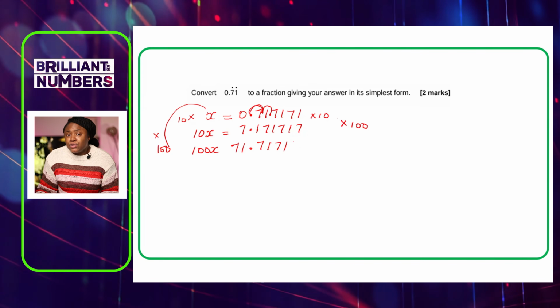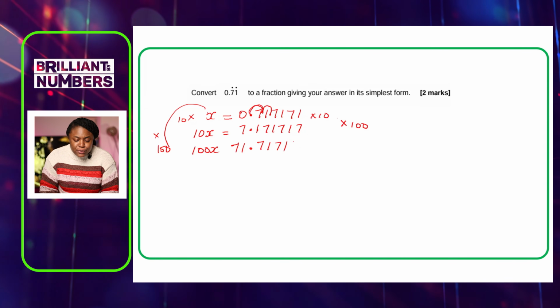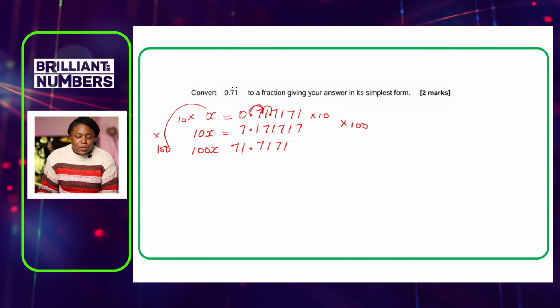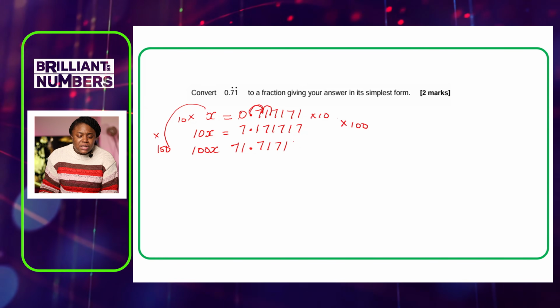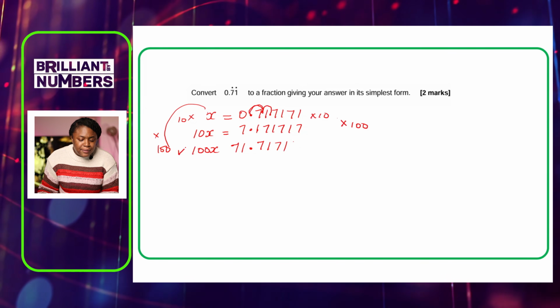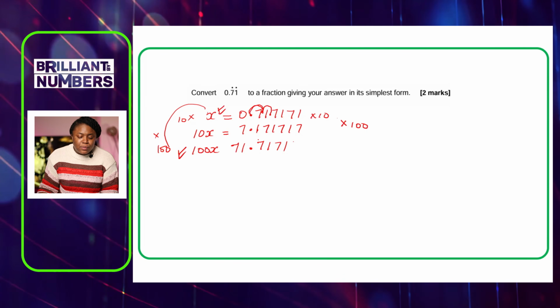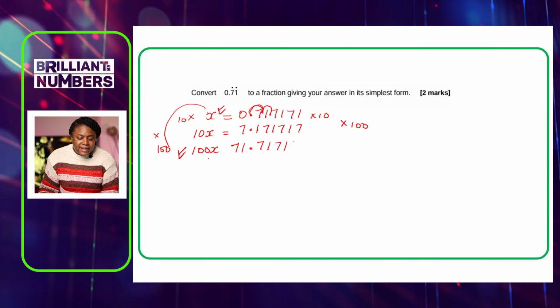Now what I need to do is to look at the two that, when I line up my decimal, I can subtract and those will eliminate to 0. So if I look here, I've got for 100x 71.7. So I could just go ahead and use the second one here and also the first one, because the 7 and the 1s are lined up after. So I'm just going to rewrite the x value here.